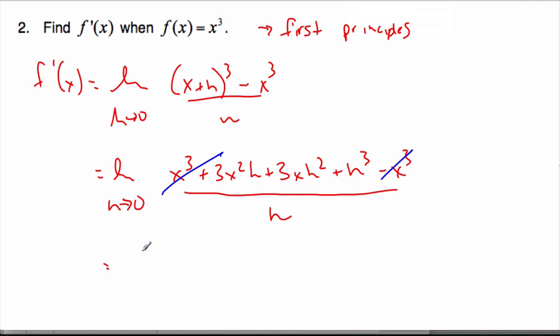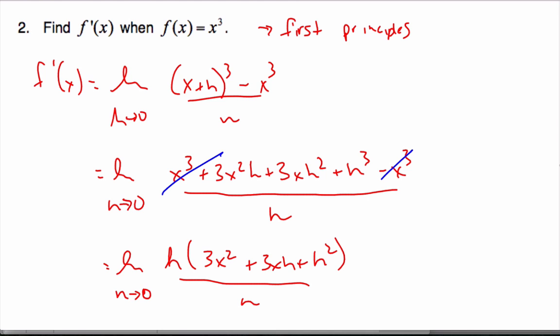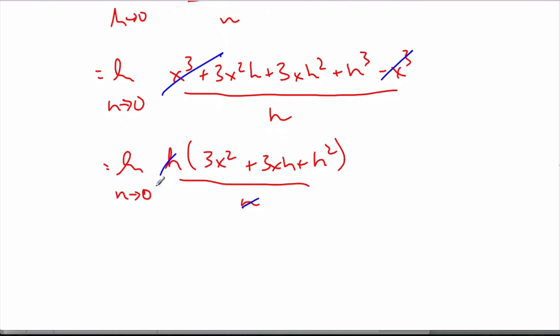Keep on going here. I've expanded it out. I've canceled out the x cubes. I'm going to factor out an h, so I'm still taking the limit. Don't forget your notation. Factor out the h: h(3x squared plus 3xh plus h squared) over h, and again the h's cancel, which is a common thing that happens when we take derivatives with polynomials and with first principles.